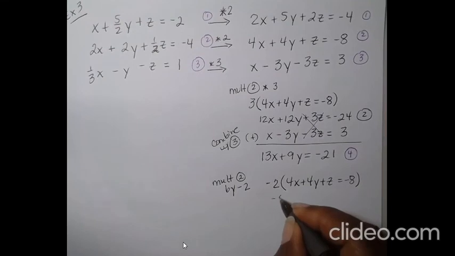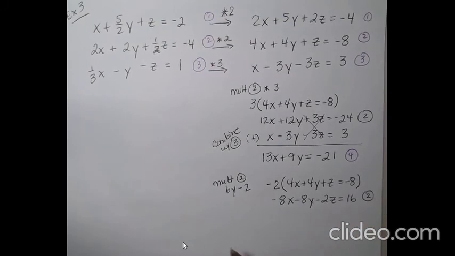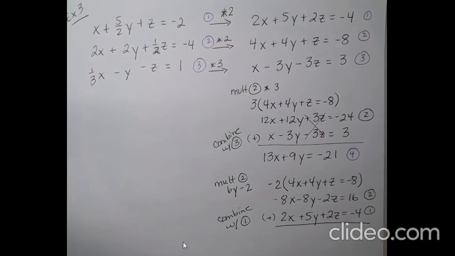This gives us negative 8x minus 8y minus 2z equals a positive 16. This is still equation 2, just been multiplied. We're going to combine it with equation 1, where we have 2x plus 5y plus 2z equals negative 4.